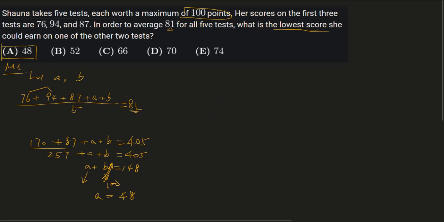Now let's look at the second approach, which is a slightly faster way. It may not apply the definition directly, but it can help you to understand the concepts of an average. So again, let's think of an average as a balancing point of a scale.